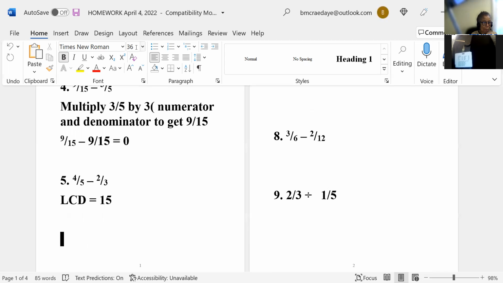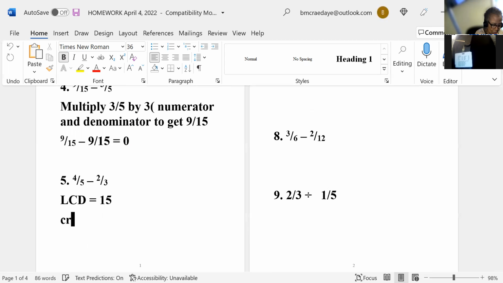Like 2 5s, 10. So 2 5s. Okay, so you'll have what? 3 times 4 is what? 3 times 4 is equal to 12.